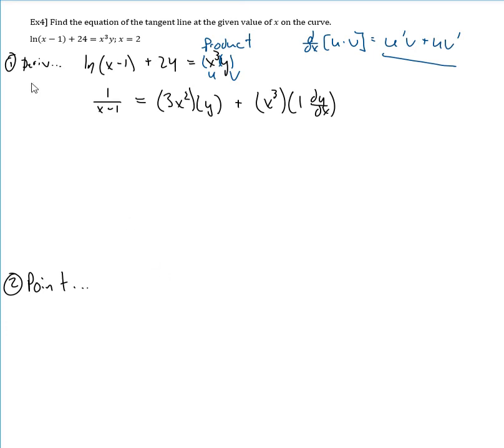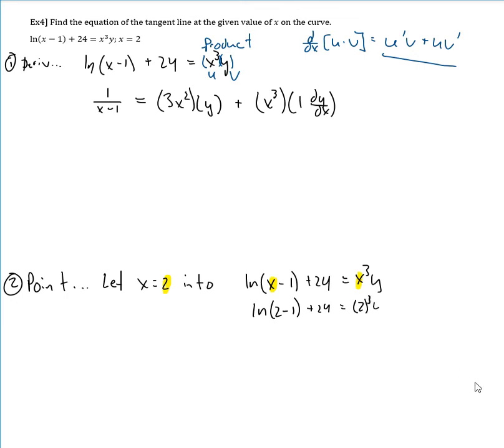So the point is to use the equation. We're going to let x equal 2 in the equation, natural log of x minus 1 plus 24 equals x cubed y. If I plug 2 into our x's, we'll have the natural log of 2 minus 1 plus 24 equals 2 cubed y.